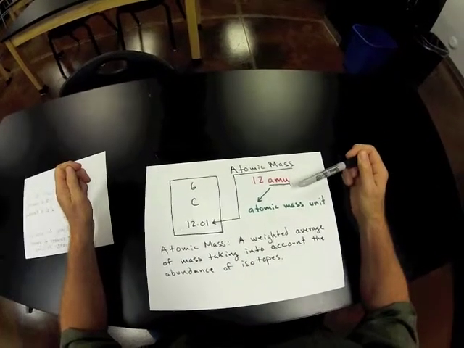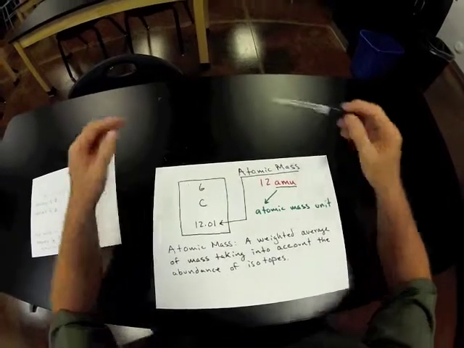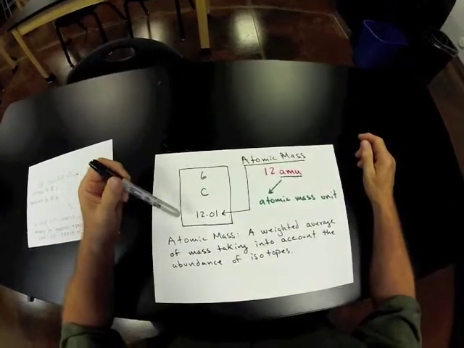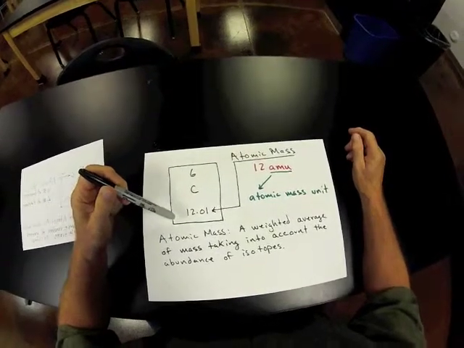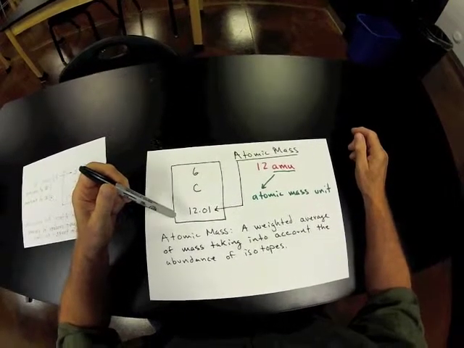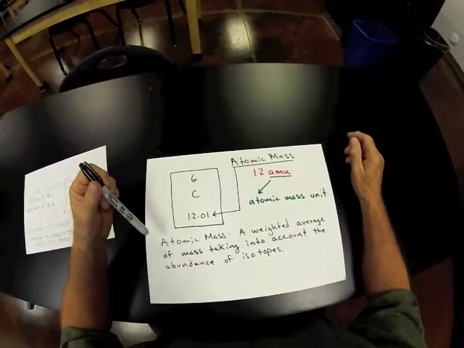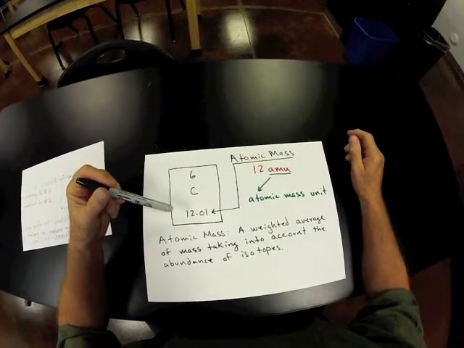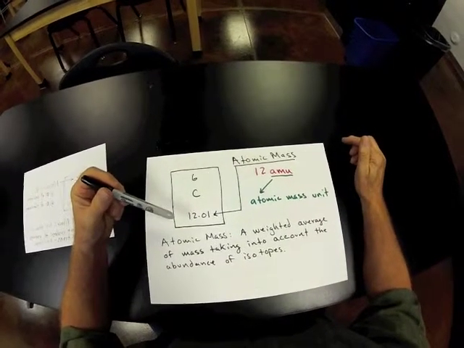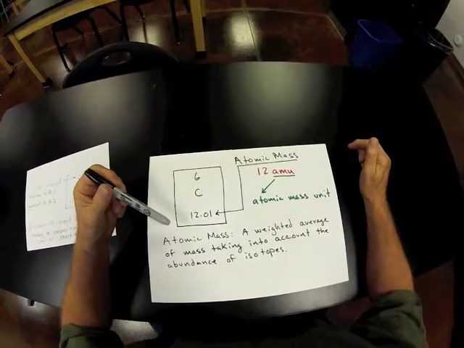The subject of this video is not on the units of atomic mass. Instead, what I want to do is talk about what this value actually means in a qualitative sense. So let's go ahead and define it. Atomic mass is going to be a weighted average of individual elements within a group of elements, taking into account the abundance of the isotopes.